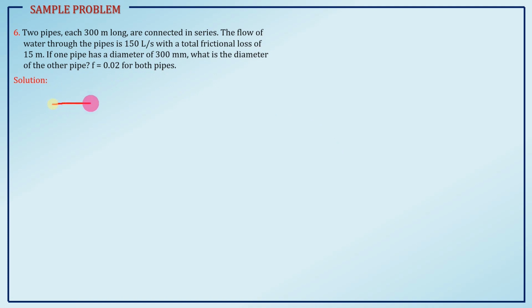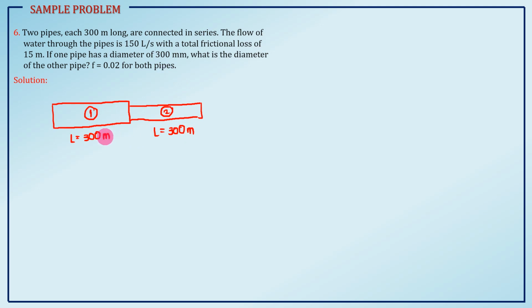So, series connection. Na-draw natin siya from the given. So, ito yung pipe 1 natin. Then, hindi natin alam kung ano yung diameter ng pipe 2 natin kasi unknown siya. So, sulat natin yung given na mga properties. Same pipe natin has a length na 300 meters from the problem.